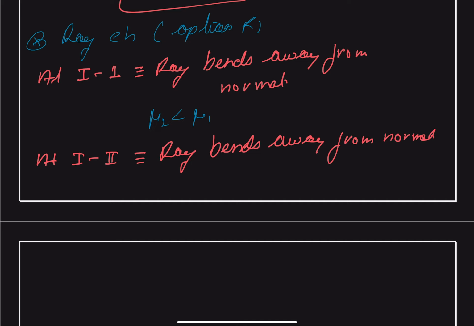So under this condition we can say that mu3 is less than mu2.